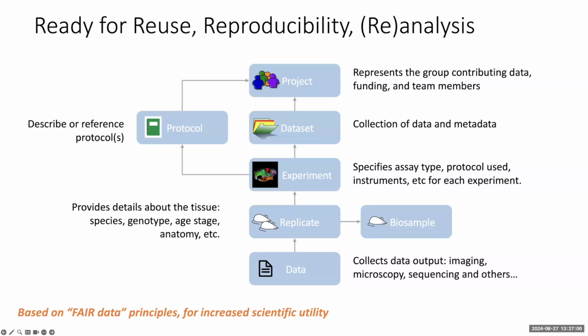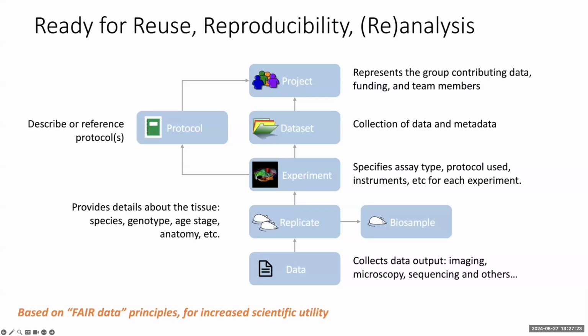We don't use a more specific term because it could be, say, an intramural research group. It could be an externally funded, like an R01 single investigator, or maybe a collaboration. It could even be a consortium of groups, or just an individual lab. So we don't try to define it further than that. We just call it a project.